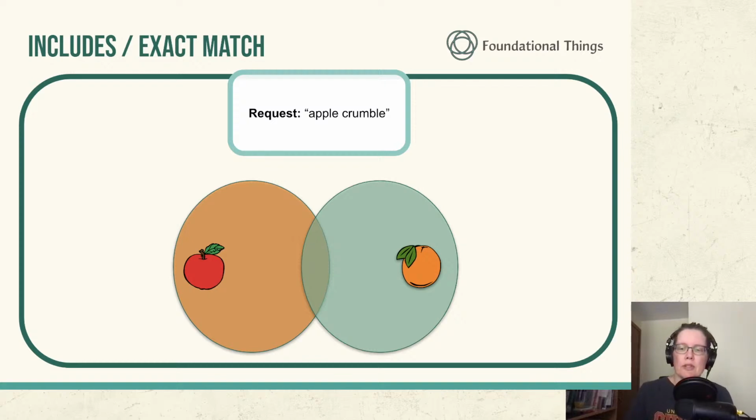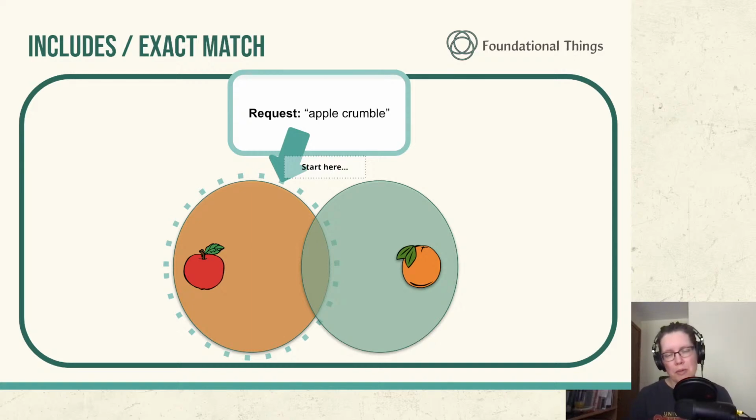But let's think about this from the perspective of this illustration. So first of all, we can start here. Our brain can say, well, we know that because the word apple is involved, this circle is all the web pages that have the word apple in it, and our answer will be found in that space.